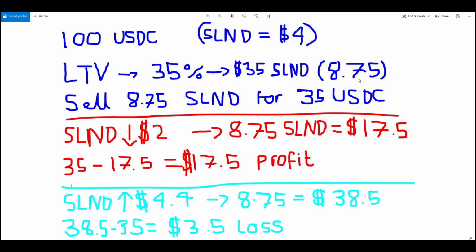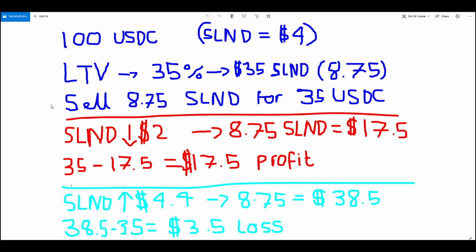The next step is to sell those 8.75 SLND tokens for 35 USDC. In order to close your short position, you need to pay back Solend Finance for the SLND tokens that you borrowed. So you're going to need to rebuy those 8.75 SLND tokens.